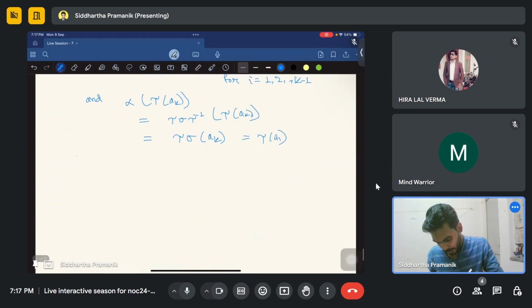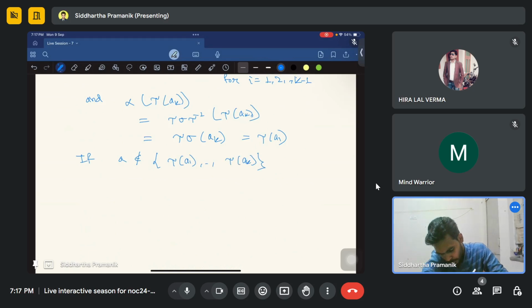And let's say a does not belong to tau of a1 up to tau of ak. Then we need to show alpha of a equals a.